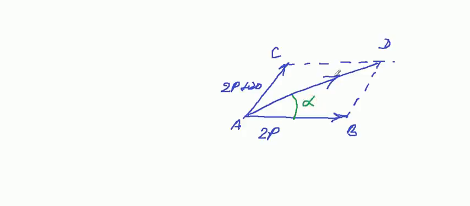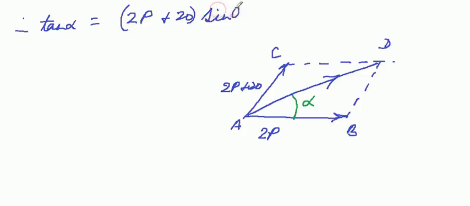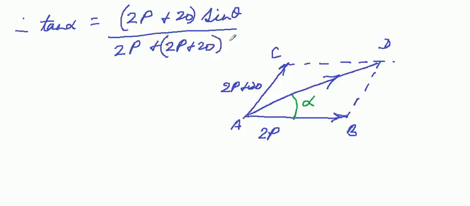So once again we will say, therefore tan alpha is equal to (2P plus 20) sin theta upon 2P plus (2P plus 20) cos theta.